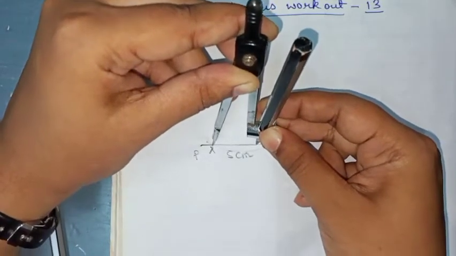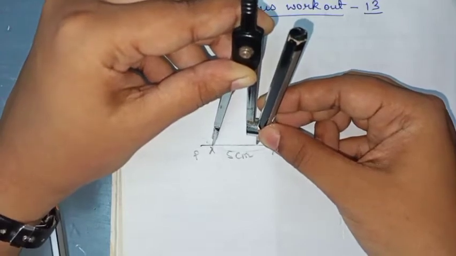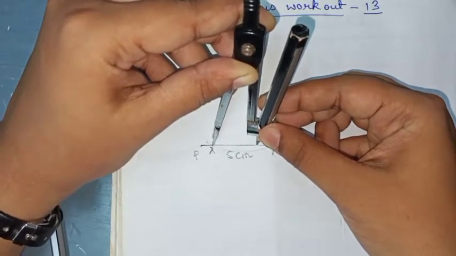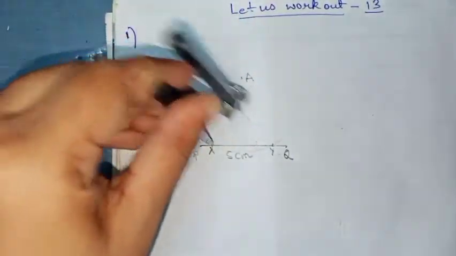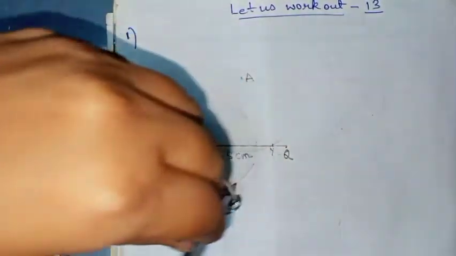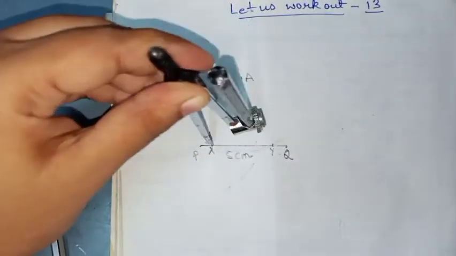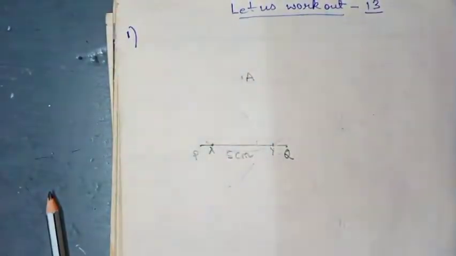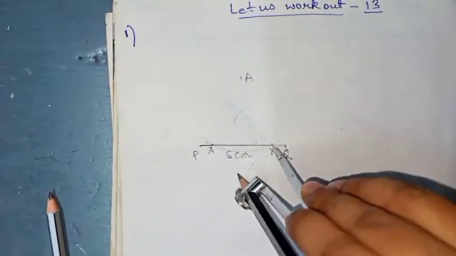You can take this much, but don't take less than half. You have to always take more than half. So take this and draw one arc up and one arc down. Okay, again I am telling you, you will take more than half of XY. You will cut up and down, and again you will put the compass here and cut up and down.